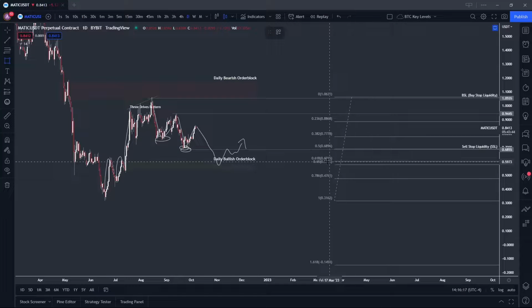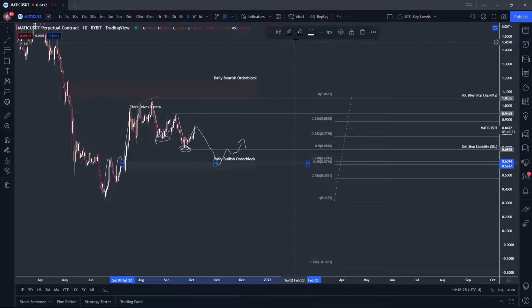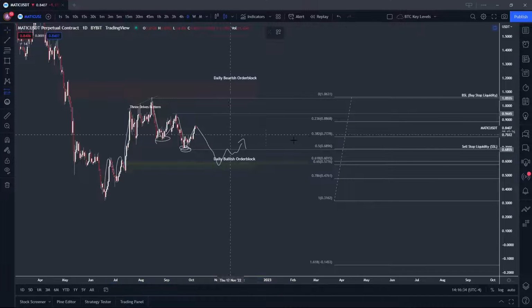The golden pocket is a zone between the 0.618 and the 0.65 Fibonacci levels. So if I were to draw another zone here, this golden pocket area, I'll make the golden pocket gold. So my trade on this would look something like this.